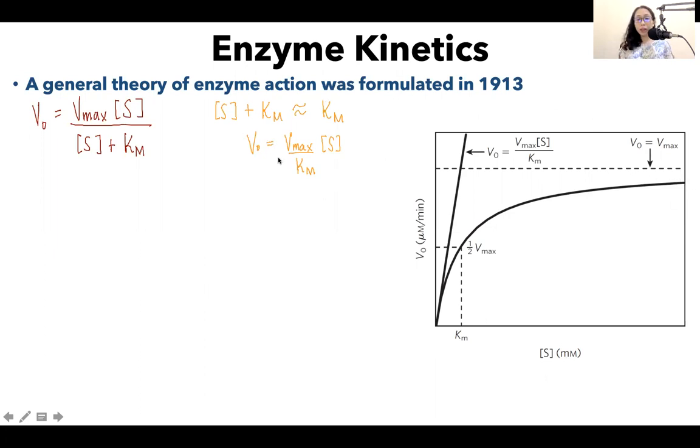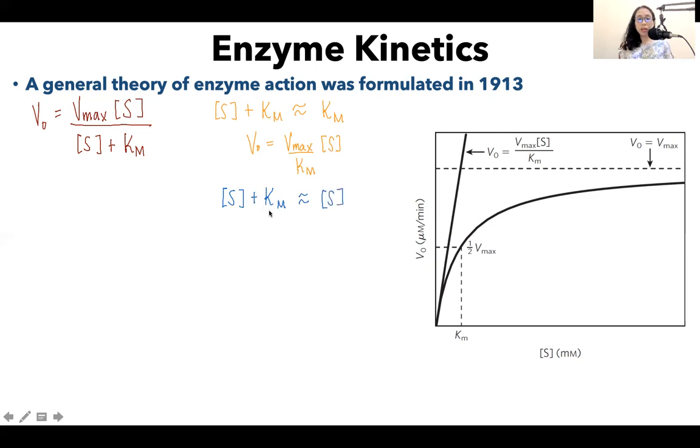On the other end, if we have very high concentrations of the substrate, then our denominator is approximately equal to the concentration of the substrate.